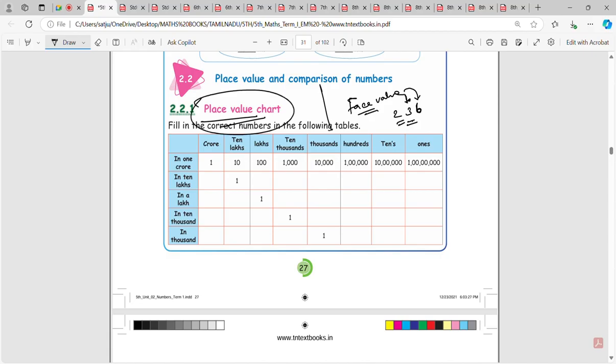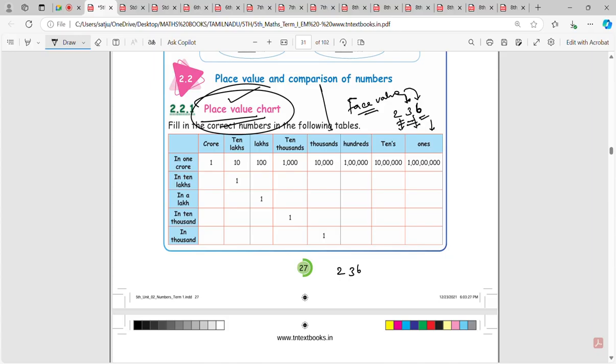But the place value differs. 6 is in the unit position, or ones position, 3 in the tens position, 2 in the hundreds position. This is the place value concept. I am pronouncing it as 236.